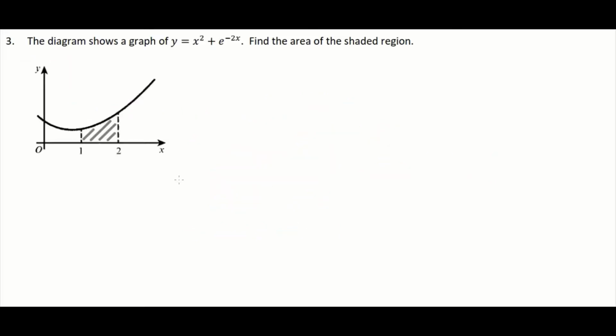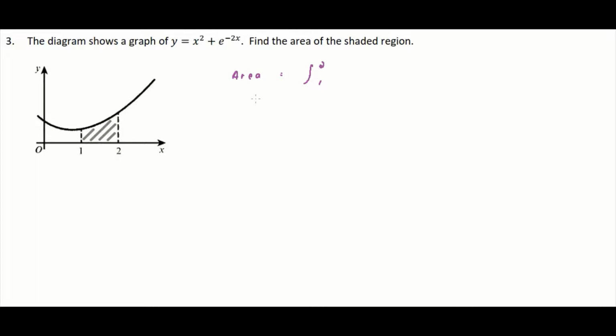Okay, so number 3, given the diagram is a graph for y equals x squared plus e to the power of negative 2x, find the area of the shaded region. Okay, so from the recap just now, you should be able to continue this already. So for us to find the area, what we try to do is get the range. For this case, it's 1 to 2.